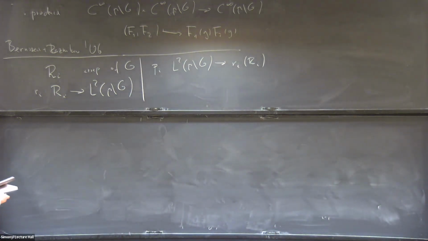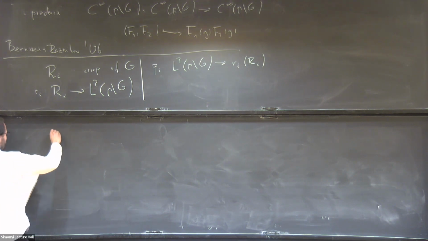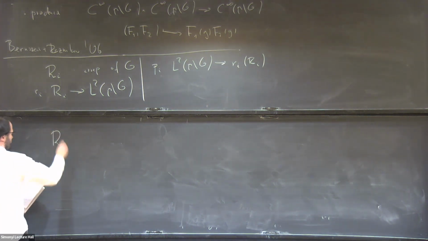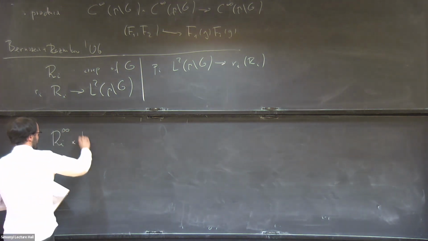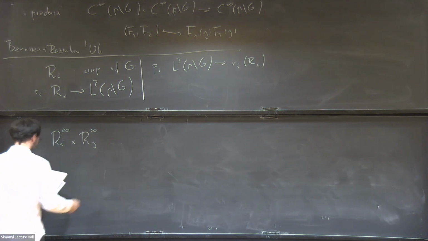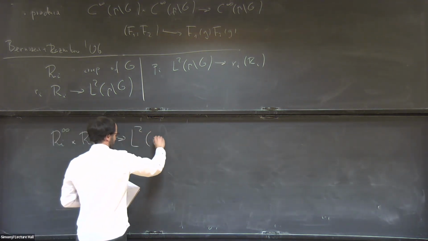And that comes from uniqueness of trilinear functions on irreducible representations of G. So let's see how that goes. Well, what does it mean that we have a product? Well, the product is on the space of smooth vectors in a pair of these representations that you're mapping to gamma.